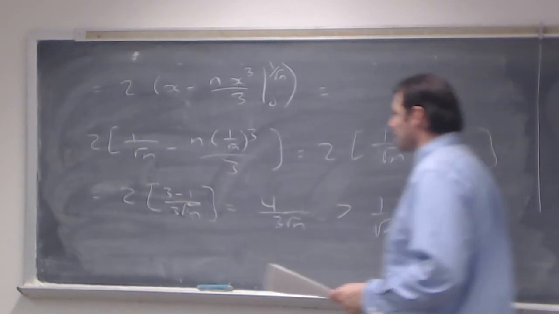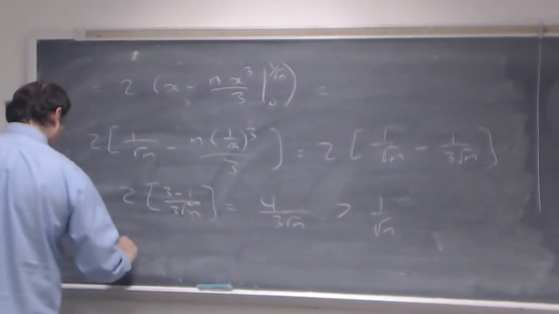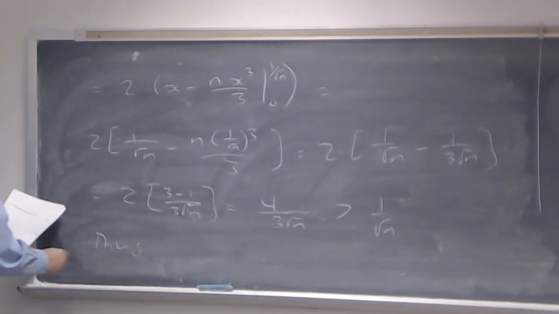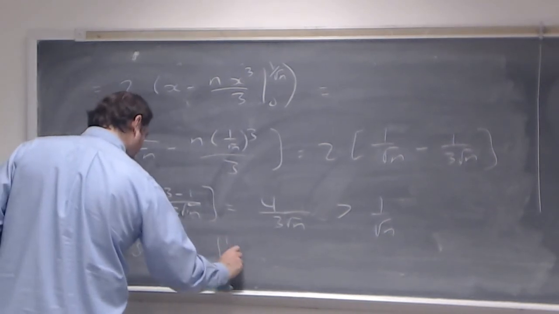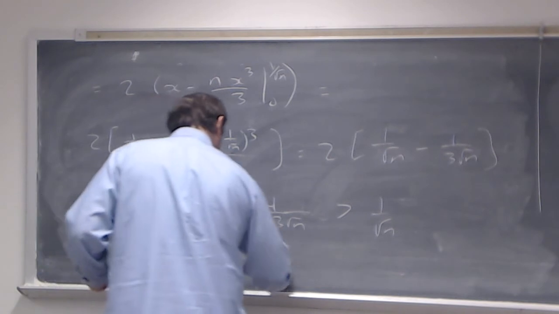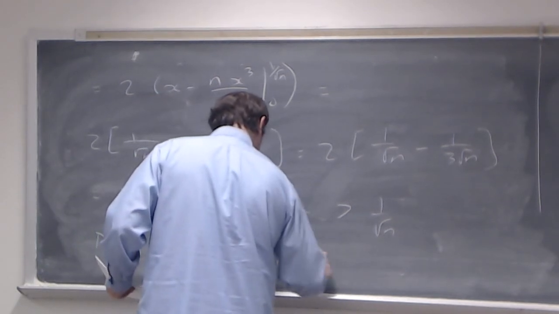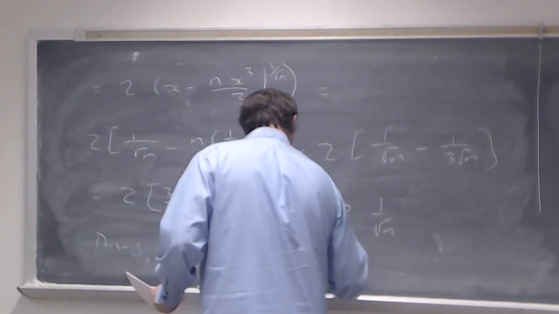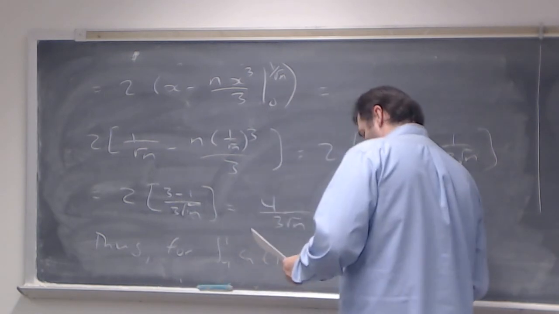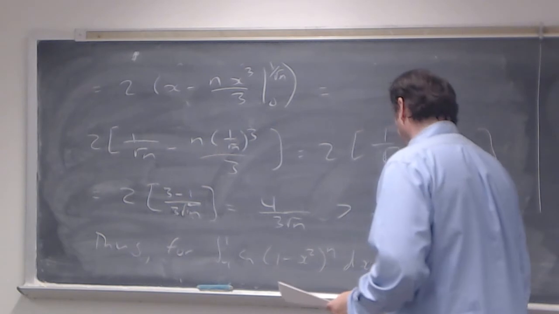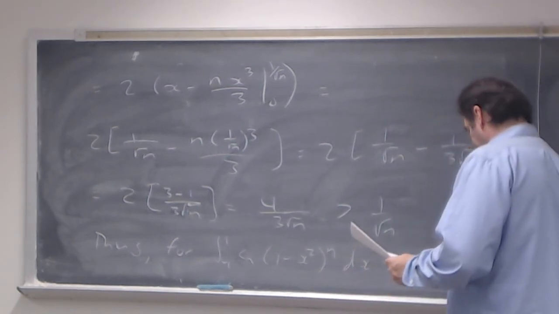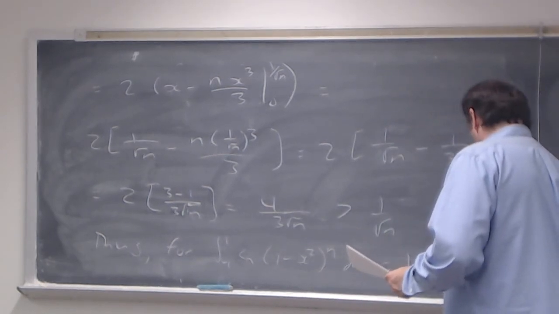Thus, that's going to tell us something about c sub n. For the integral from minus 1 to 1 of c sub n times 1 minus x squared raised to the n dx to be equal to 1, that says that c sub n has to be less than the square root of n.